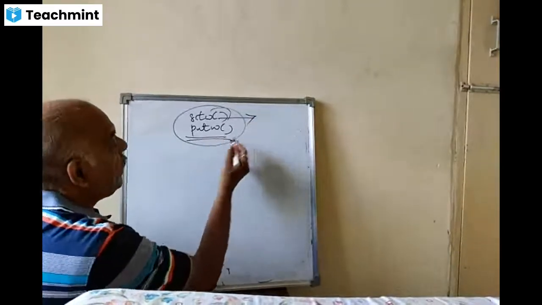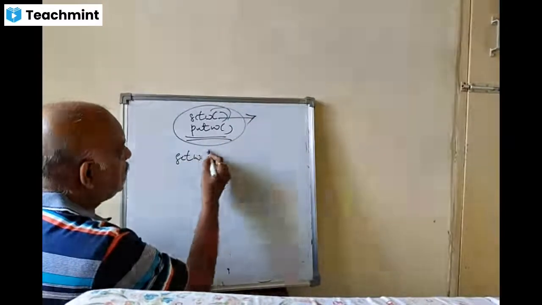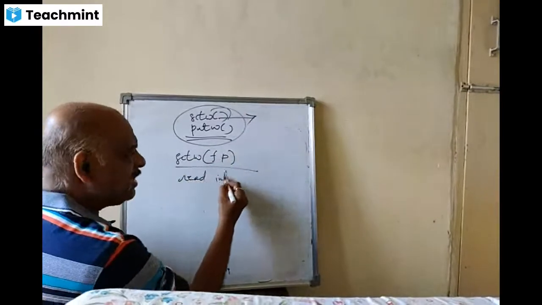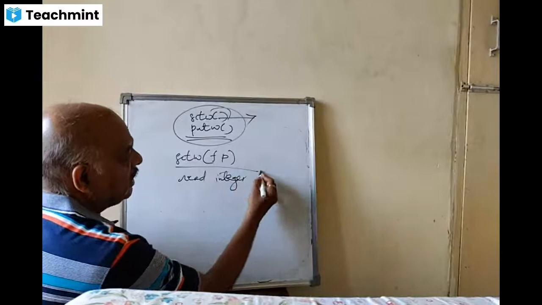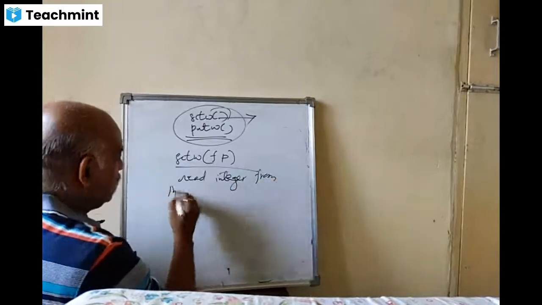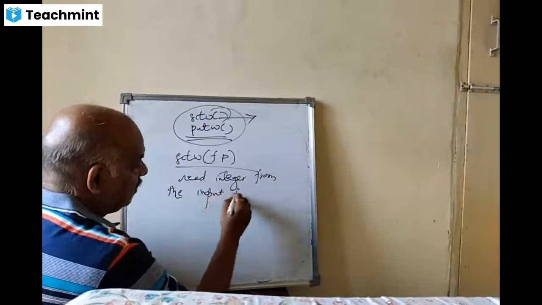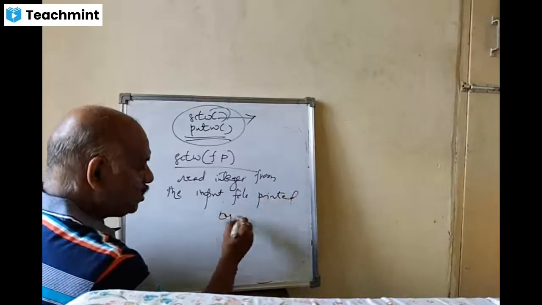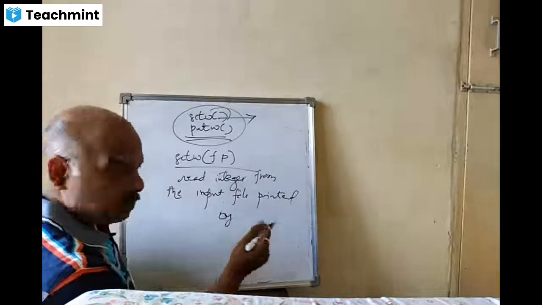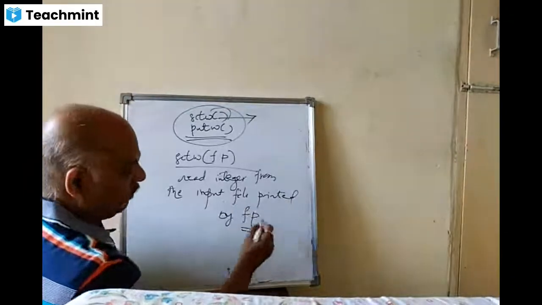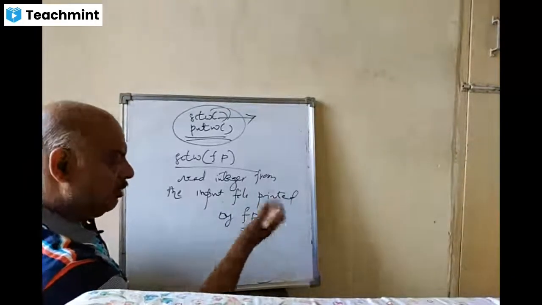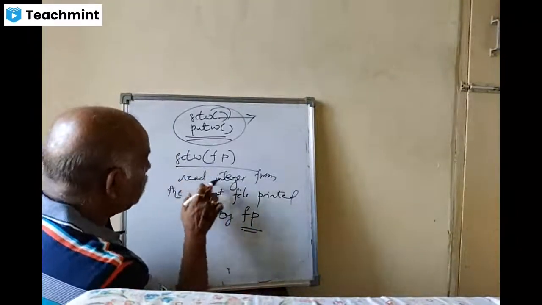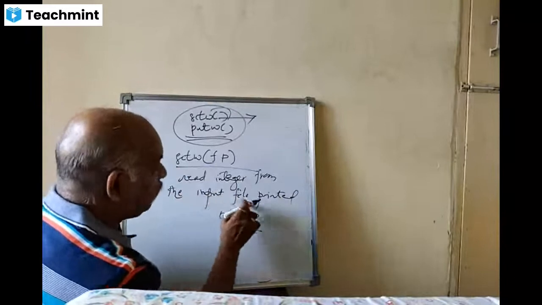You just write this, you get the marks. Read integer from the input file pointed by a file pointer. All should be performed through file pointers. A file pointer may be any name; you can give FP1, FP2 like that.